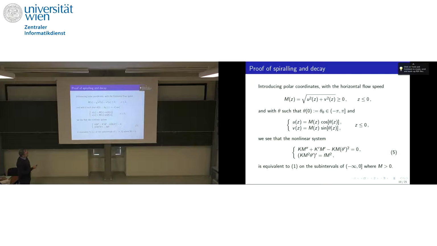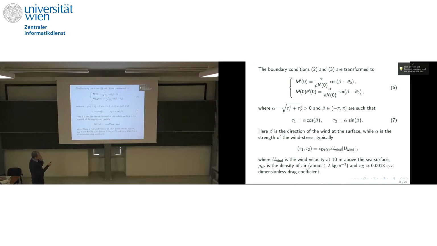And then I want to show that the angle theta, so theta of 0 has some value, I'm going to fix it, I'm going to discuss the northern hemisphere, and then I'm going to show that theta prime has always a sign. That means the spiral is only in one direction. And what that sign is depends on the sign of F, which is decided by whether you are in the northern or southern hemisphere. So this is the nonlinear system.